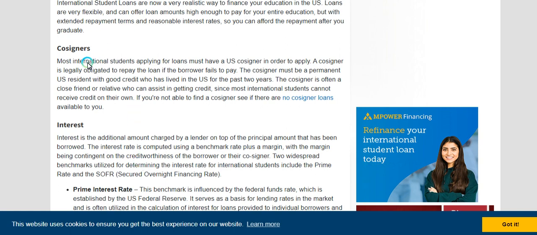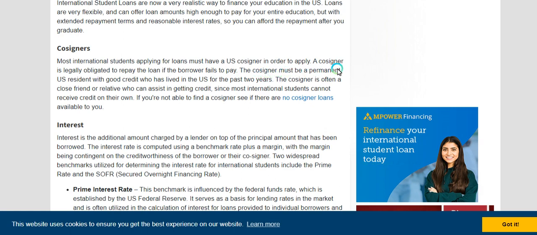Cosigners. Most international students who apply for loans must use a US cosigner in order to apply. A cosigner is legally obligated to repay the loan if the borrower fails to pay.